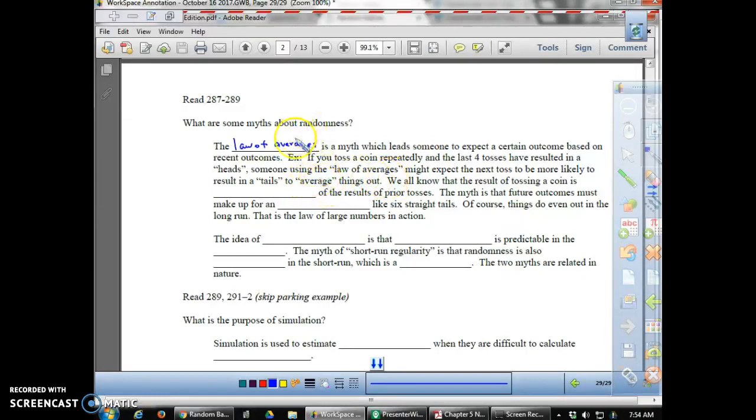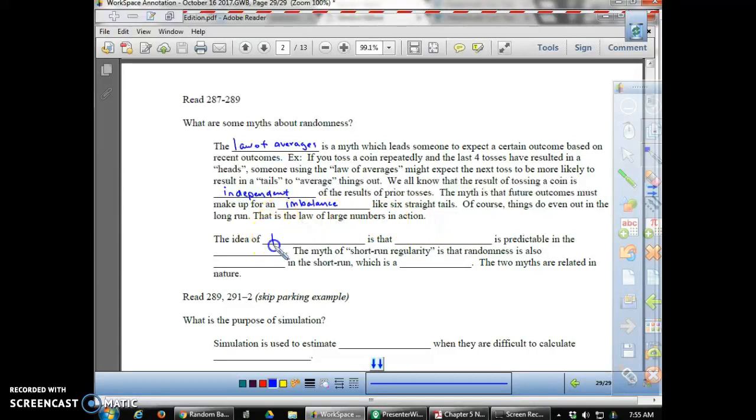We all know that the result of tossing a coin is independent of the results of prior tosses. So the myth is that future outcomes must make up for an imbalance like 6 straight tails. Of course, things do even out in the long run, and that is the law of large numbers in action.